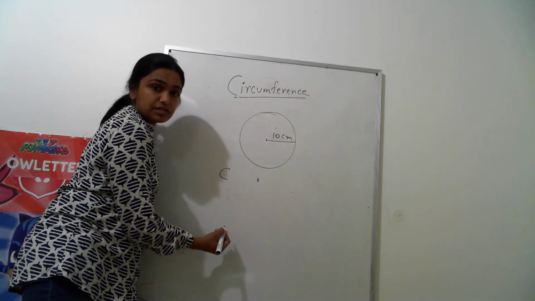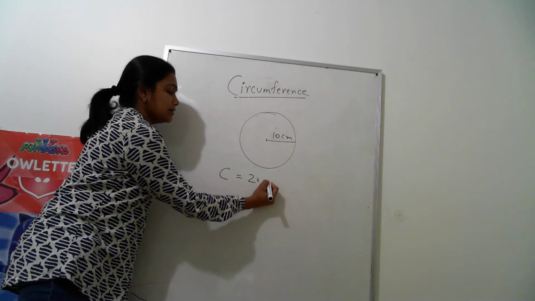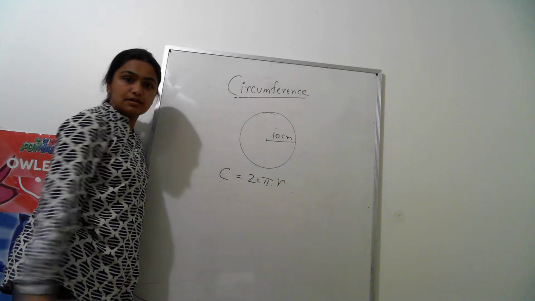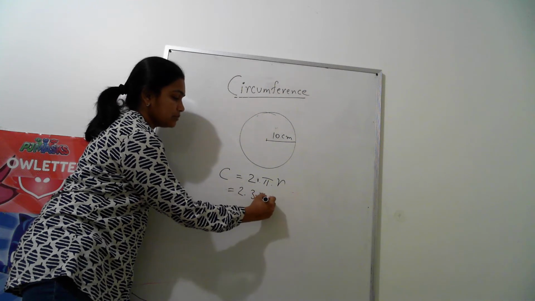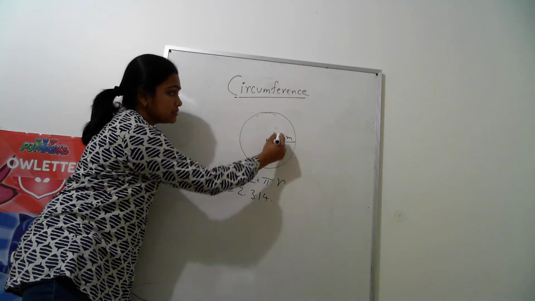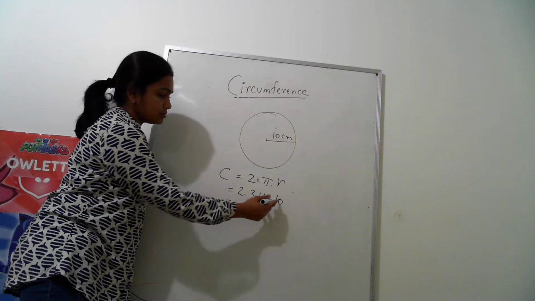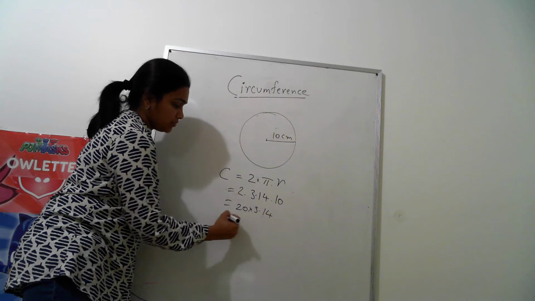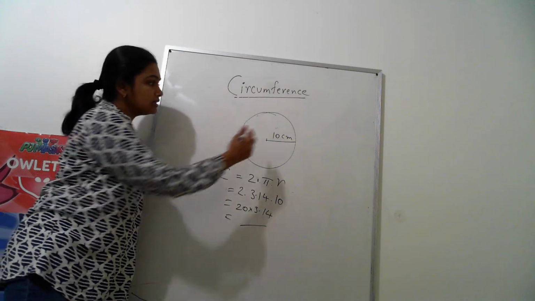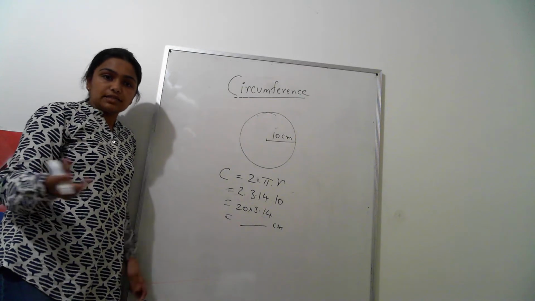So the circumference of the circle, denoted by C, is 2 times pi times r. That is 2 times 3.14 times the radius, 10. 2 times 10 is 20. 20 times 3.14, you can calculate it. This is in centimeter, so the circumference will also be in centimeter.